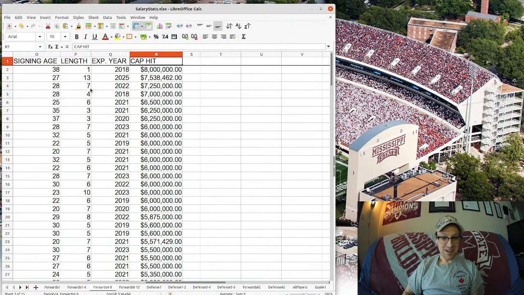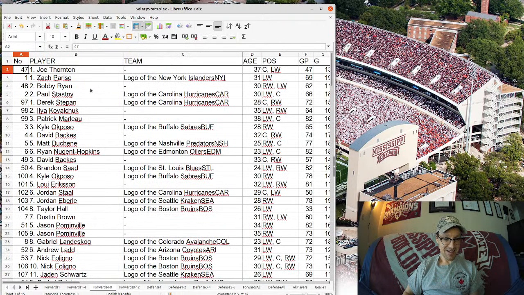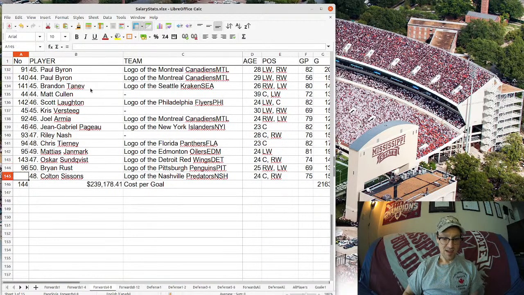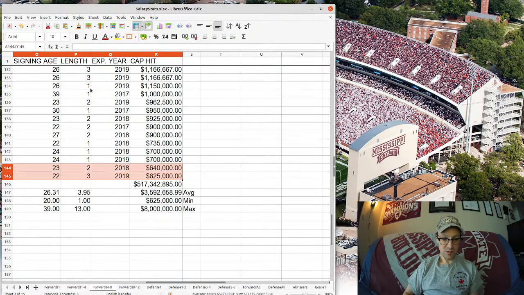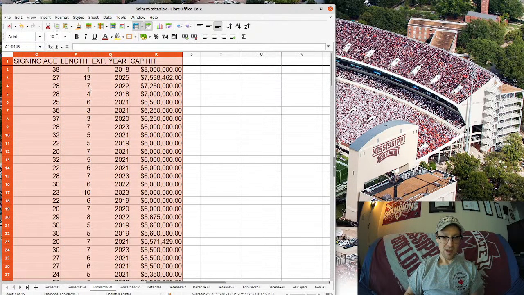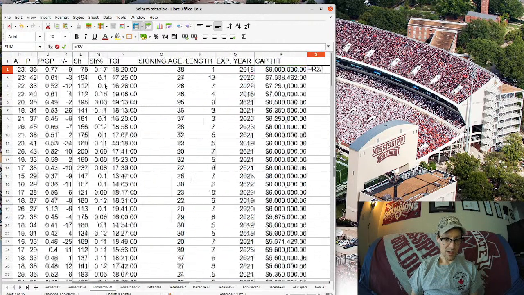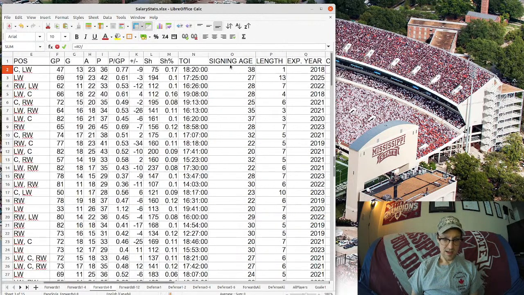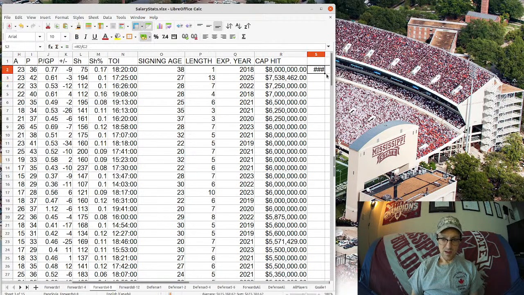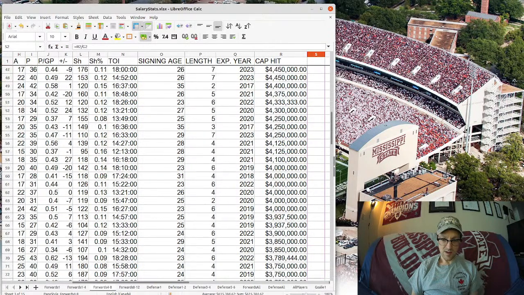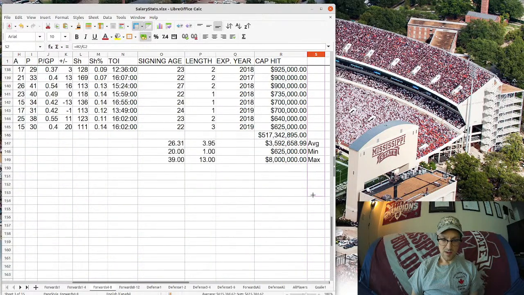So still not quite done. Okay. Equals that divided by that. Oh, what am I doing?